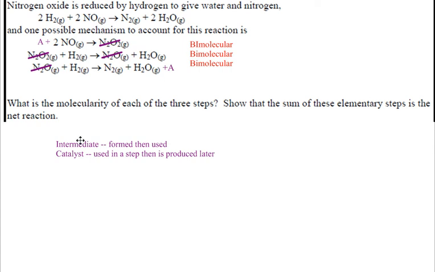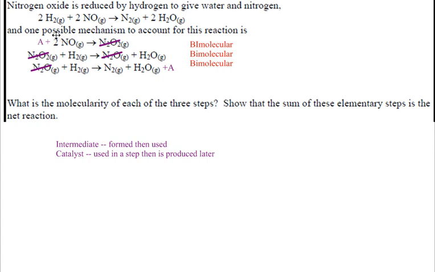Like so. So an intermediate is formed and then used immediately, and a catalyst is added and then leaves. And the AP exam loves to ask you to identify your intermediates, identify your catalyst. Just make sure you can keep track that while A would cancel out on both sides of the equation, it is a catalyst because it's added and then leaves.